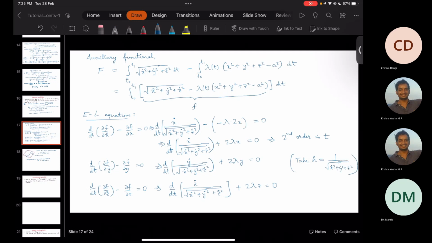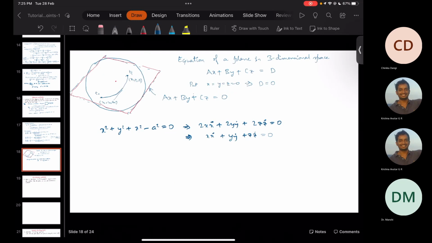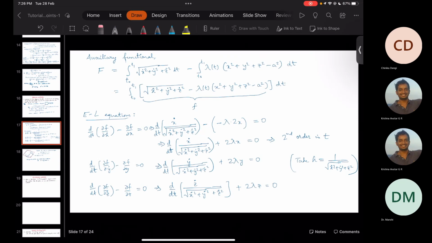Fine. And what we do here is, let's multiply the first equation with x dot, second by y dot, and third by z dot, and add them up.